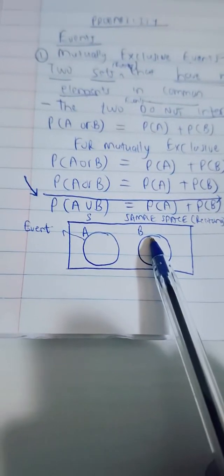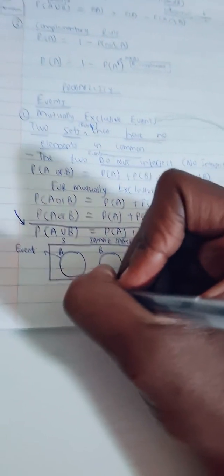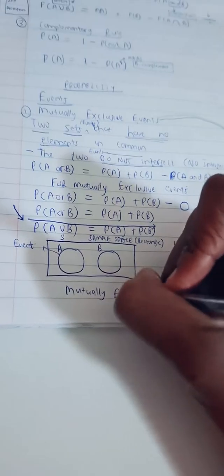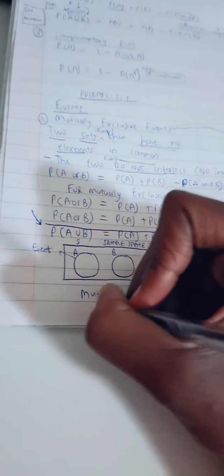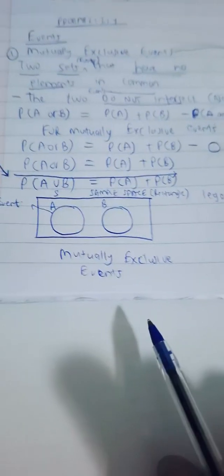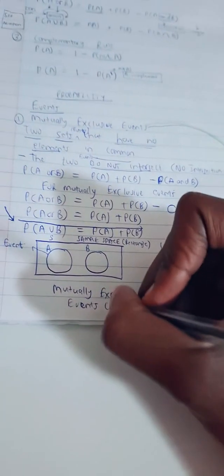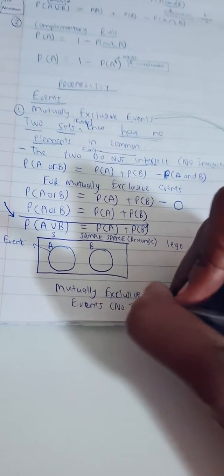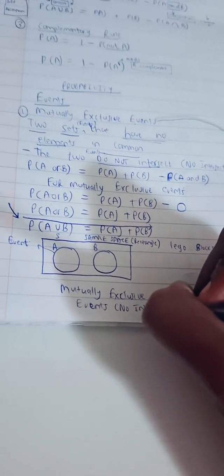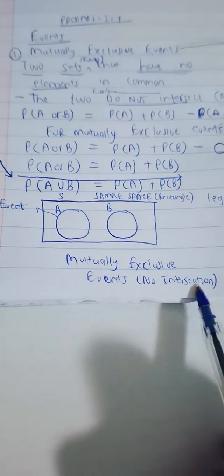So these two events are what we refer to as mutually exclusive events. Why? Because indeed there is no intersection, because that is the singular thing that distinguishes mutually exclusive events. It's the fact that there's no intersection.